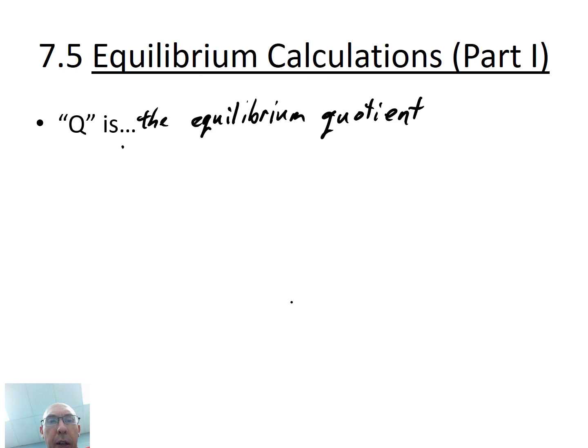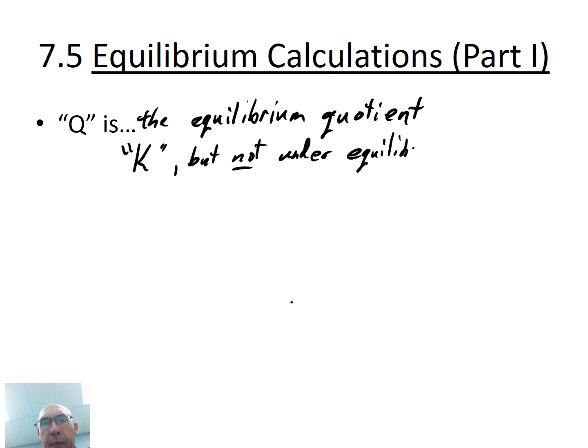You can think of it as K, or the expression for K, but not under equilibrium conditions. Mathematically, the best thing to do is use initial values.